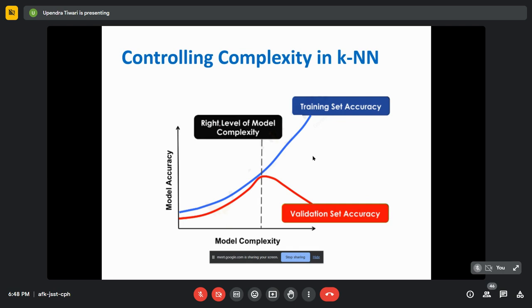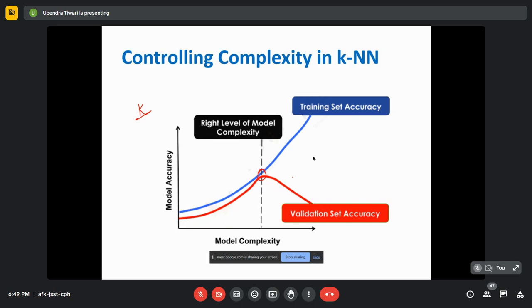Now, please try to understand here. k is a regularization term. Whenever you increase the value of k, your train accuracy will increase and your test accuracy will also increase. But after a certain point, your train accuracy will still keep increasing, but your test accuracy will start decreasing. Whenever train accuracy is high and test accuracy is low, what kind of model do we have, everyone? Overfitted.